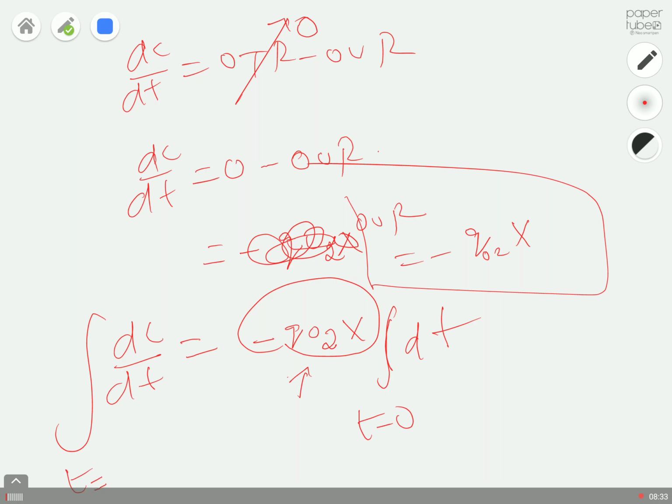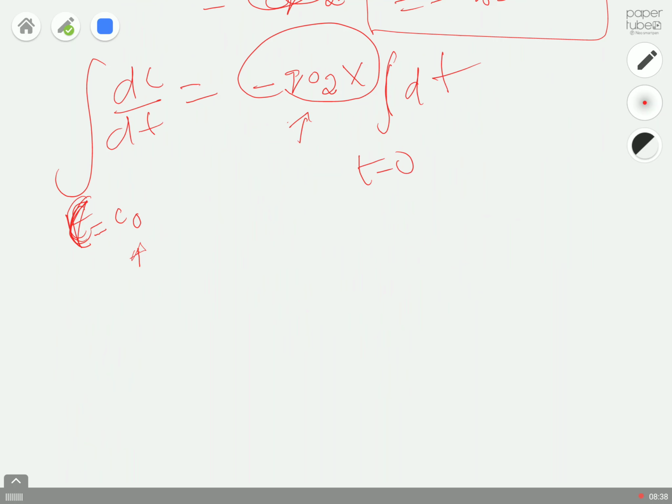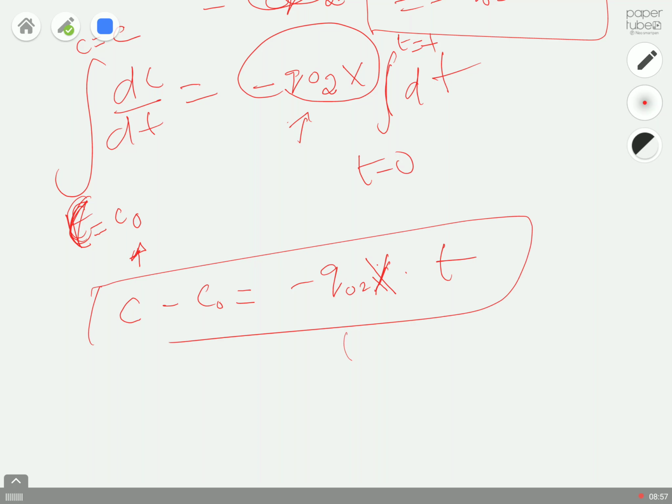When T is equal to 0, your concentration will be equal to C0, your initial concentration. When T is equal to T, your concentration will be equal to C. So you derive them: C minus C0 is equal to minus QO2 X multiplied by T. Let's call this equation 1.